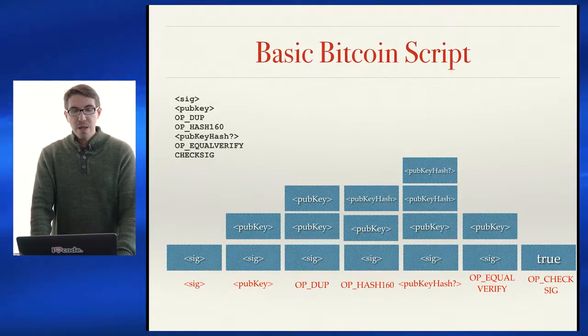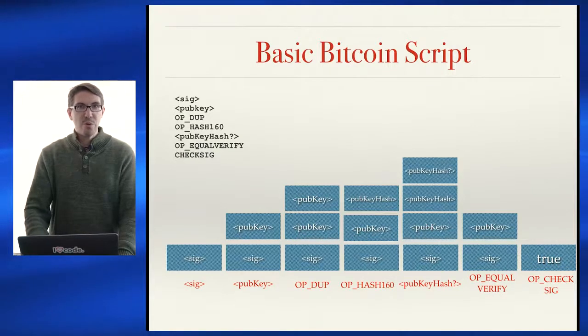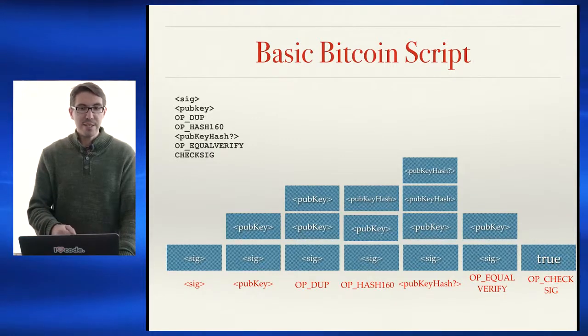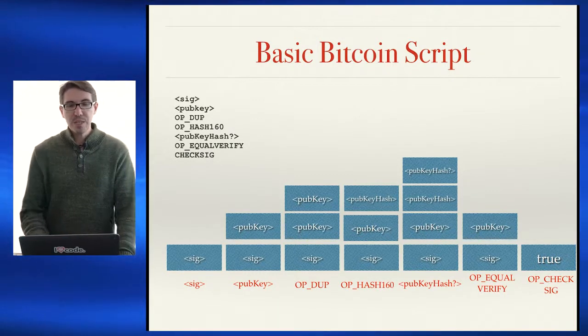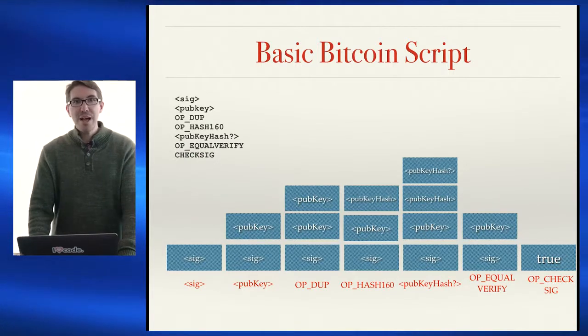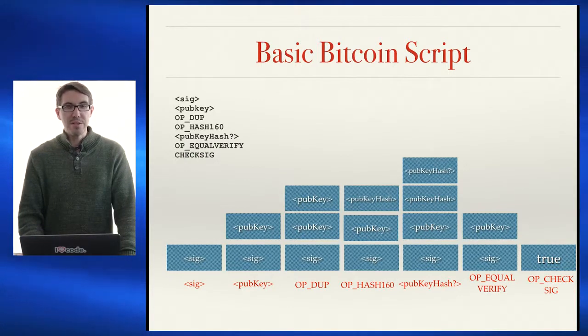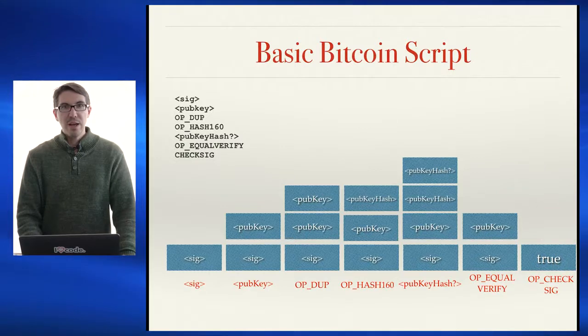Otherwise, that pub key and sig can now be used for a future transaction, just like we got the pub key and sig, which we saw at the beginning of this initial transaction. So again, every time you are sending Bitcoin to someone else, you're actually executing a version of this script.